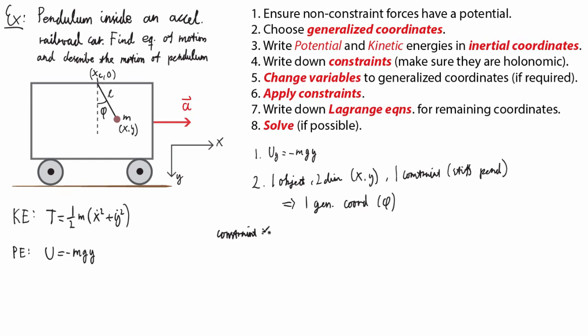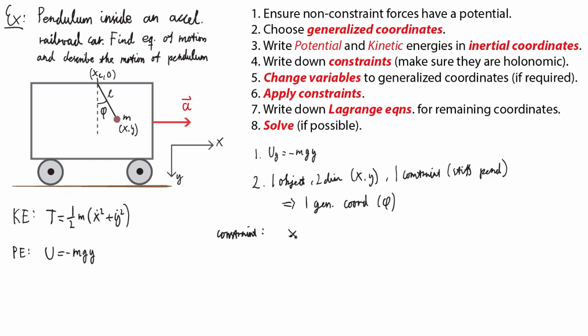And I'm going to do this in 2 equations, even though there's only one constraint, and at the same time change variables to phi. So that's why we have 2 equations: we have 1 constraint and 1 variable change.